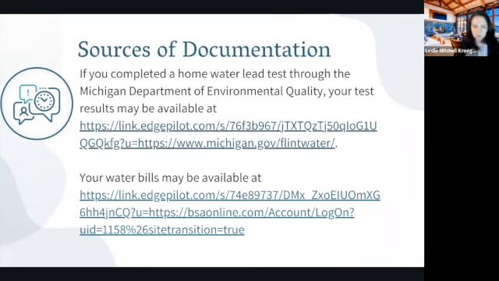Okay, a couple of things here. So one of the categories takes into account whether you had a lead test of your water. If you don't have that, there's a link that will be provided here, and we'll make sure that's on the website if it's not already. Your water bills are online, so we want you to look there first.